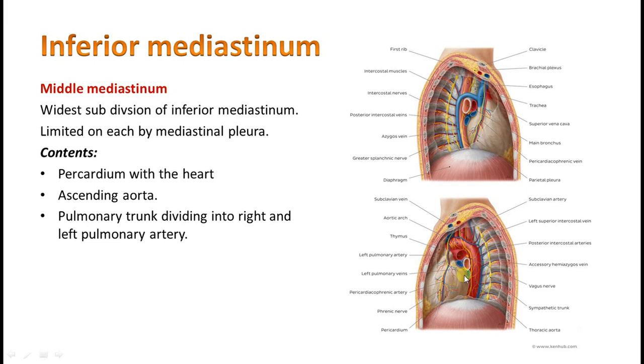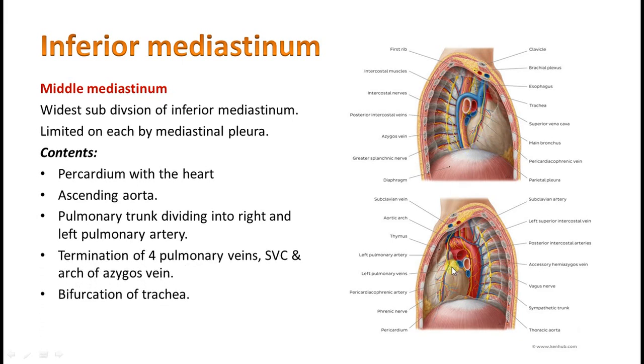Four pulmonary veins you are able to see here, which reach the left atrium. This is the termination of the four pulmonary veins. Then the lower part of the superior vena cava.